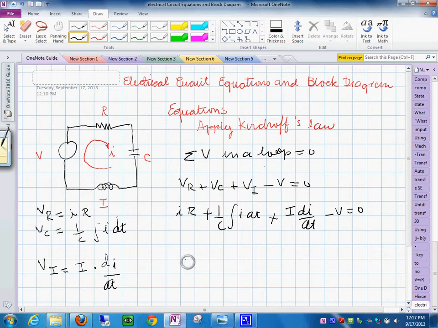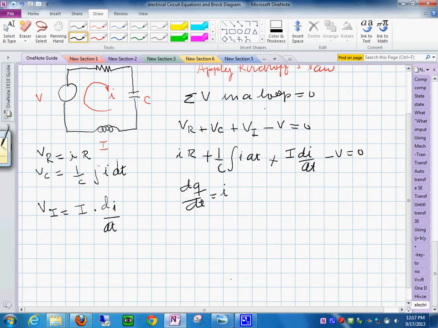If you look, this has integrals and derivatives, and we don't want that. We just want derivatives in here so we can solve this problem. dq dt in fact is the current I, where Q is the charge, yeah?